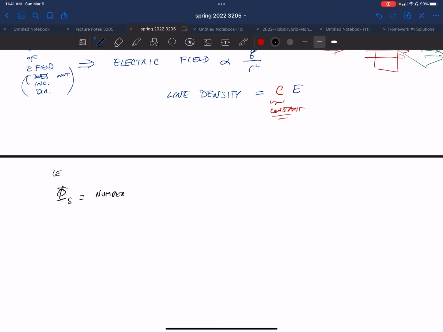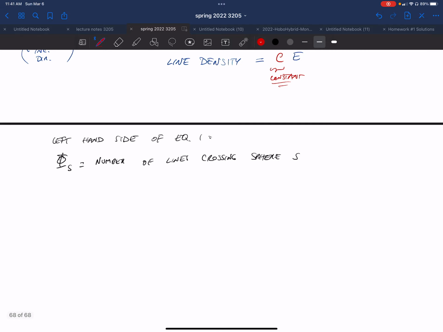This is the left-hand side of equation 1. So phi sub s is the number of lines crossing sphere S. I'm just giving it a definition. And we're going to call this flux.